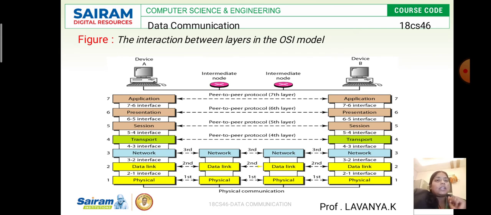Then the third one: what is flow control? Flow control in the network is used to avoid overwhelming, which means a huge amount of data travelling through the network.